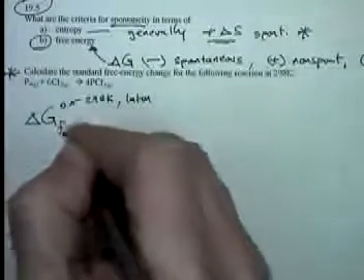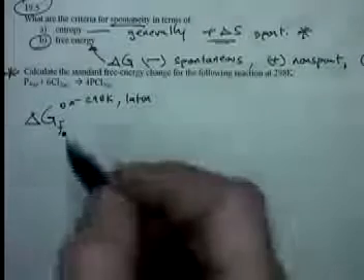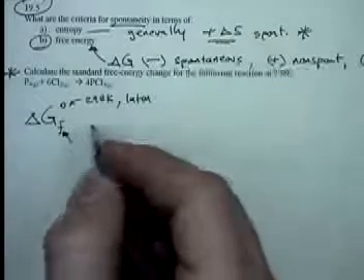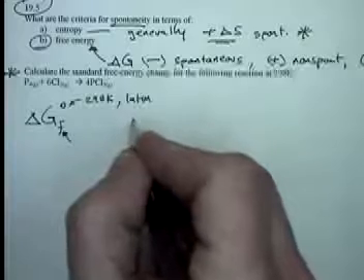The f means that it's the free energy of formation, meaning the substance is formed from its elements at standard conditions. And just like delta H of formation, delta G of formation at standard conditions also has a value of 0 for any element in its standard state.